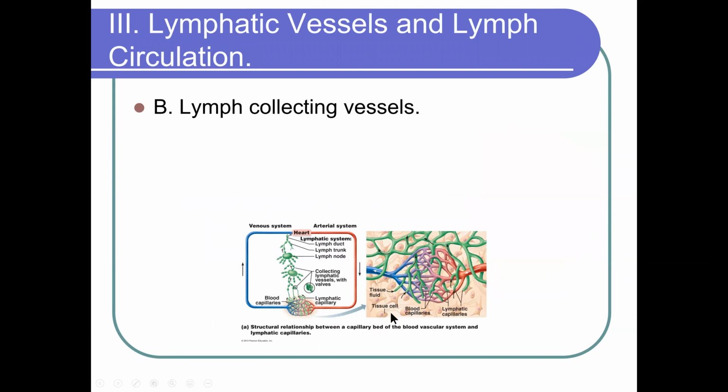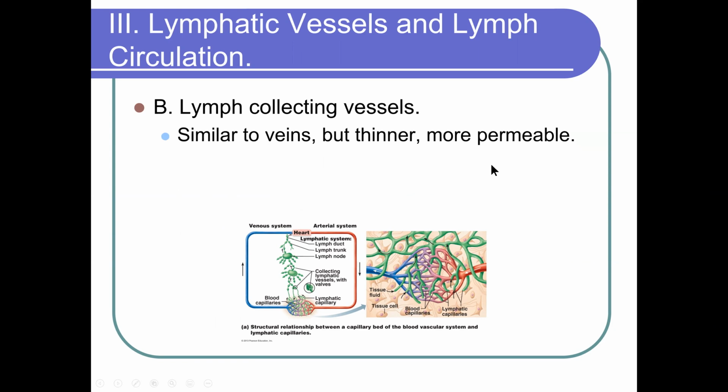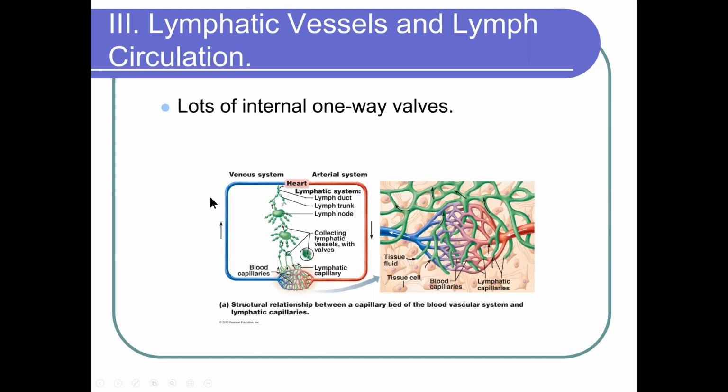So these are collecting vessels. We have these lymph collecting vessels, similar to veins, but thinner and much more permeable. You can identify them if they're filled up, but they are a very clear structure, and unless they're filled up or unless there's some way of injecting them, it's very difficult to identify them. They have a lot of internal one-way valves.